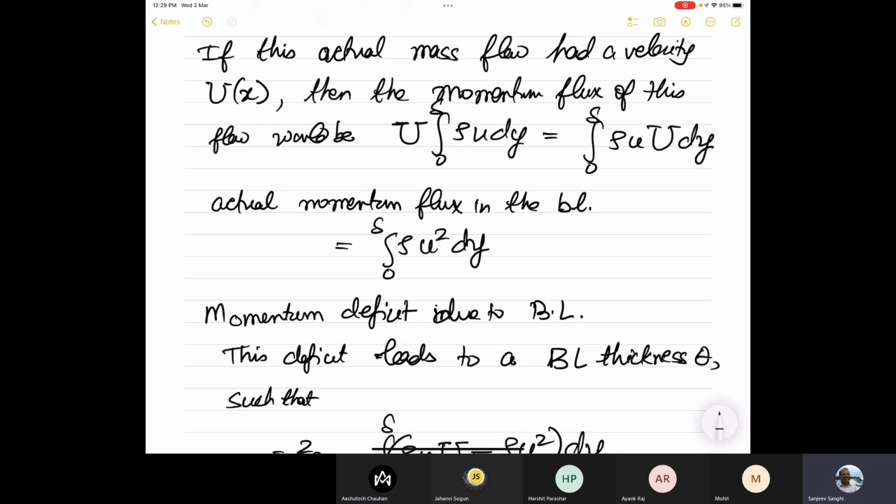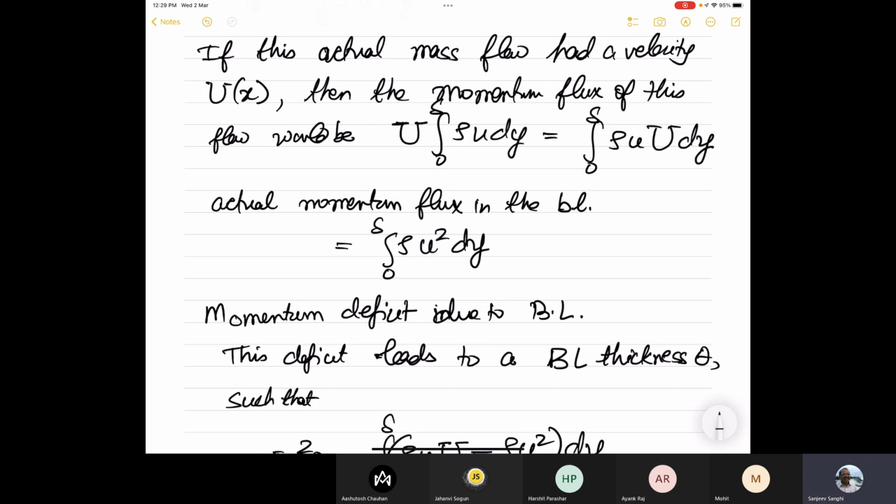But in some sense, what we are trying to do is maintain a mass balance. That mass balance tells us in the actual flow, the flow is actually rho small u dy. So we are fulfilling the mass balance and then saying if this flow had the ideal velocity, maybe we can define a new thickness where the first term will be rho capital U square.